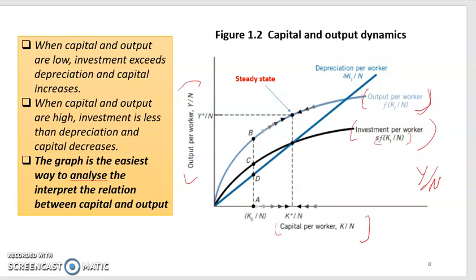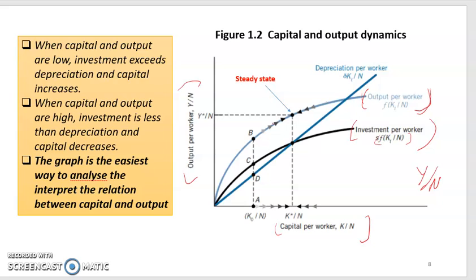So if you remember, we said capital increases output, and the savings rate determines how much of the output or income is saved. So the higher the capital, the higher the output, and the higher the output, the higher the total savings.